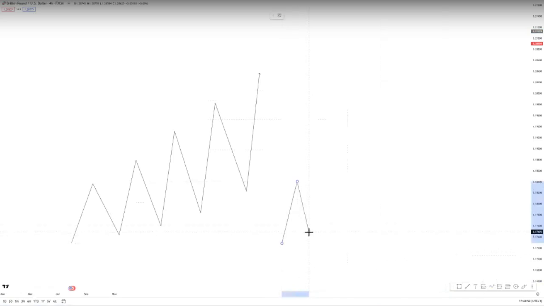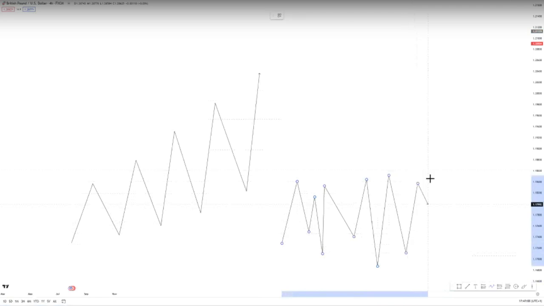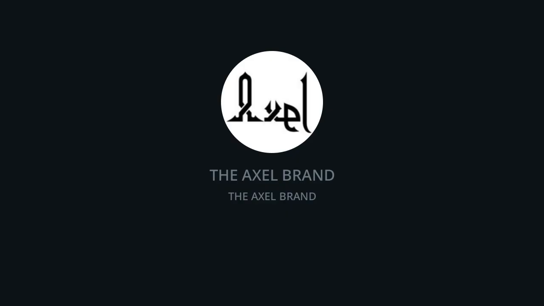A market like this, you can't say that this market is bullish. This market is just consolidating, giving you no clear reaction or no clear trend.